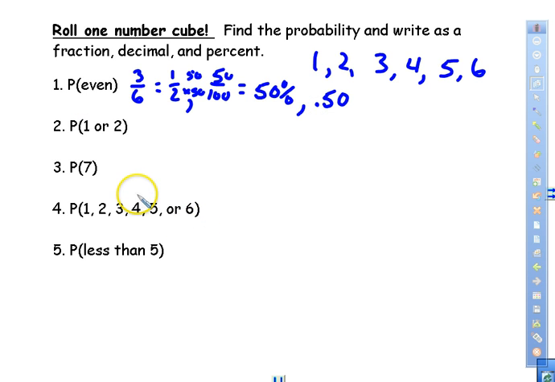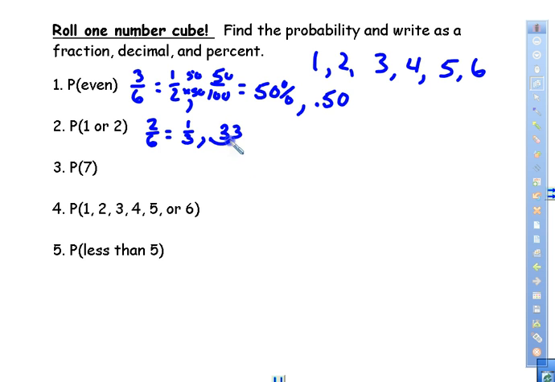So now let's do number 2, a 1 or a 2. Well, 1, 2, so there's 2 out of a possible 6, which equals 1/3. Okay, and to do this as a percent, we can again take this number and divide it. When you divide it, you would see that you get 0.33 repeating, and we're going to round that to the nearest hundredths.